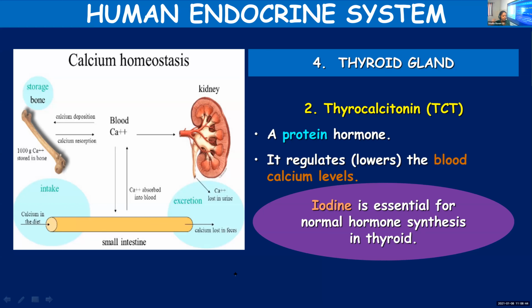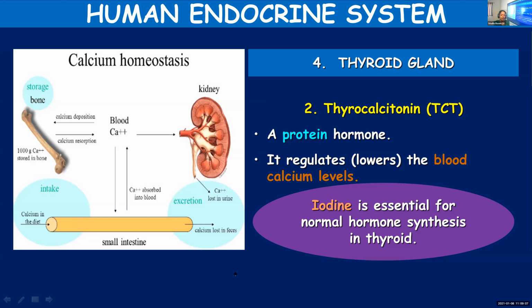Okay, children? Yes or no? About iodine, Steffi? Yes, ma'am. Iodine is a mineral which is very essential. Should we write that under this? No, it is not a function of thyrocalcitonin.